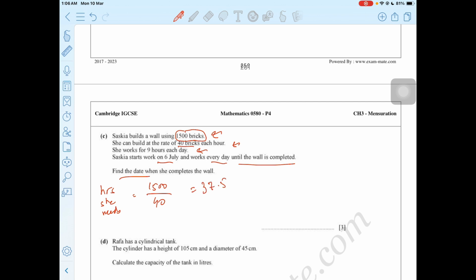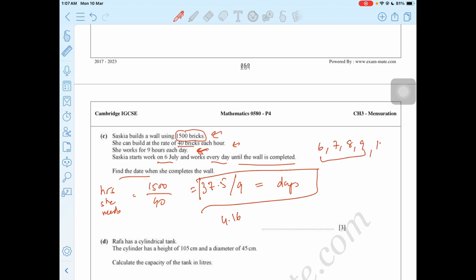She works for 9 hours a day, right? So we divide by 9 to get our days, right? So this would be 4.16, right? So she started on 6th, she worked on 6th and then 7th and then 8th and then 9th, right? 4 complete days are needed, and then she completes on 10th July. So this would be 10th July.